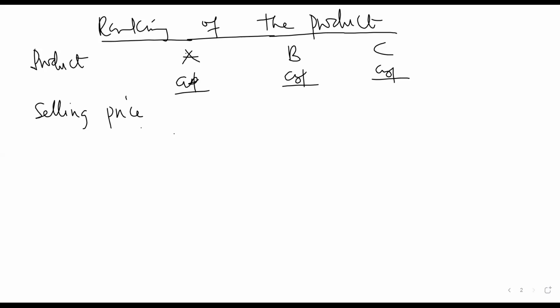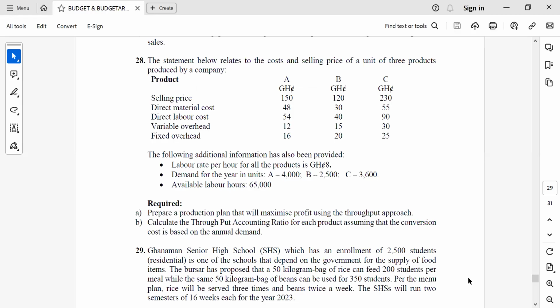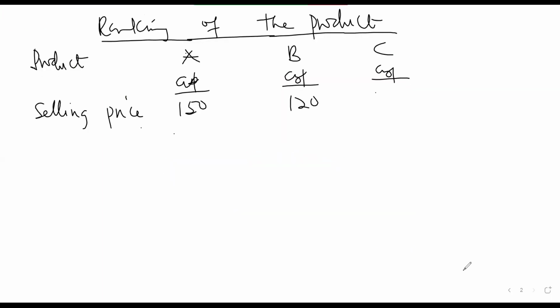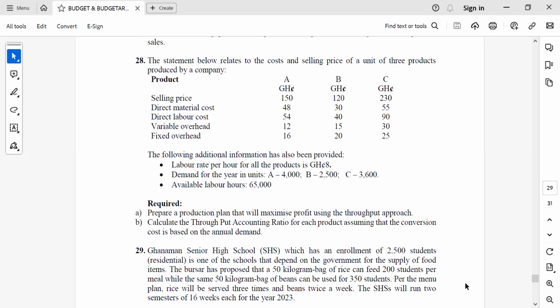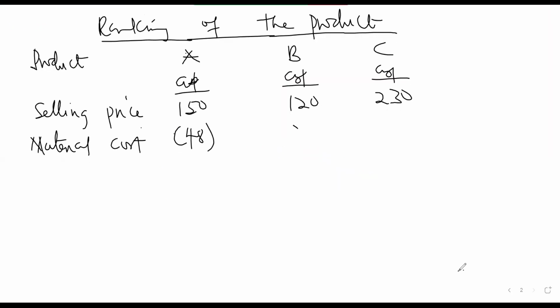Let's go to the question: 150, 120, and 230. So we bring the material cost. What is the material cost for each of them? 48, 30, and 55.